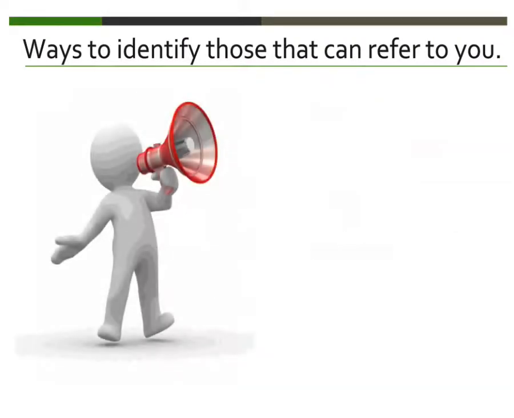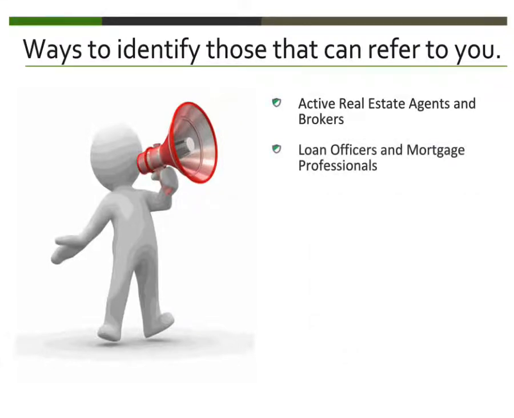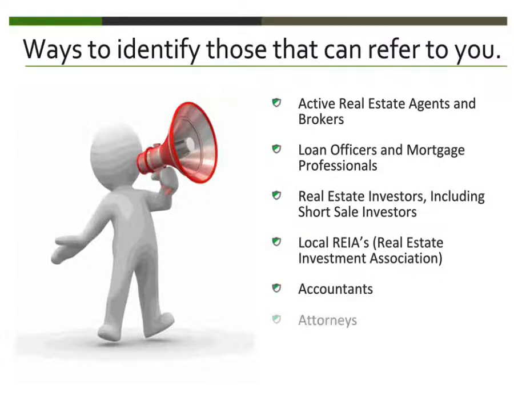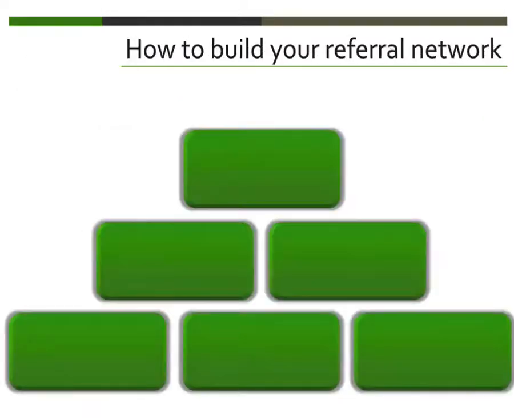These top-tier referral partners include active real estate agents and brokers, loan officers and mortgage professionals, real estate investors, including short sale investors, local real estate investment associations, accountants, attorneys, and investment advisors. How to build your referral network.